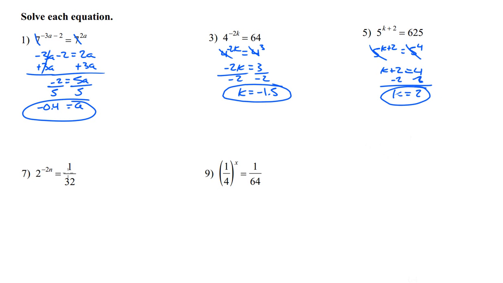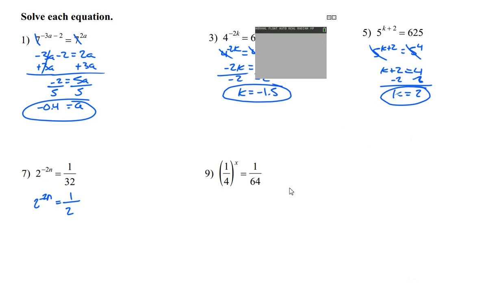Okay. Number 7. Now, we've got one of the base numbers in the numerator and the other one in the denominator. So we can do this a couple of different ways. I'm going to just get these two numbers to look the same. So I'm hoping that we got 2 to the negative 2n equals 1 over, this 32 should turn into 2 to some power.